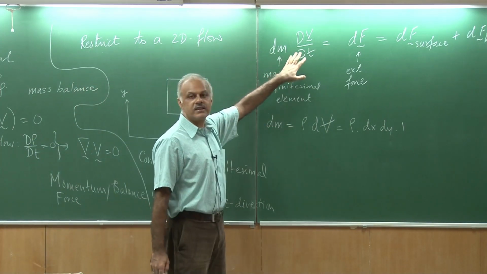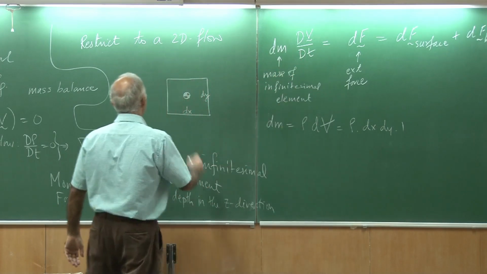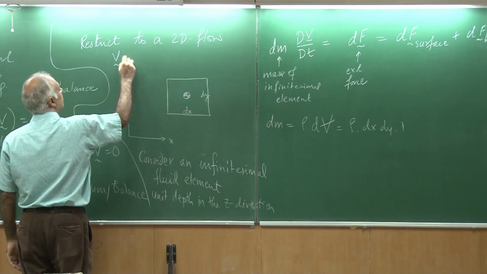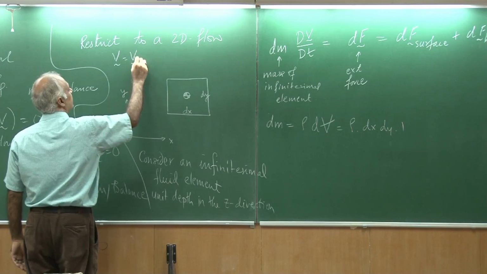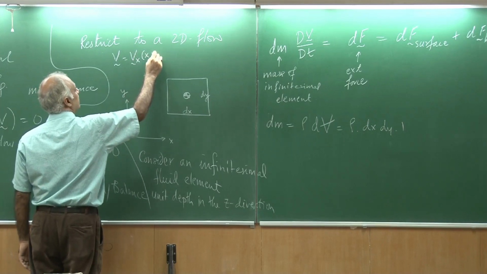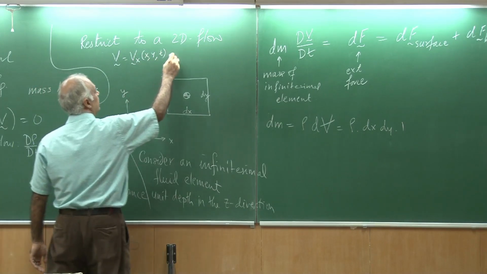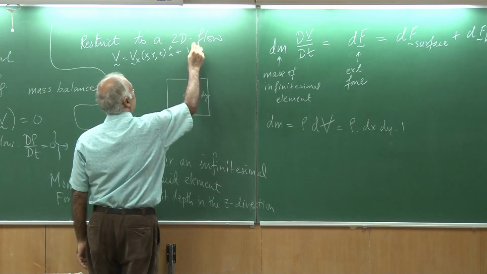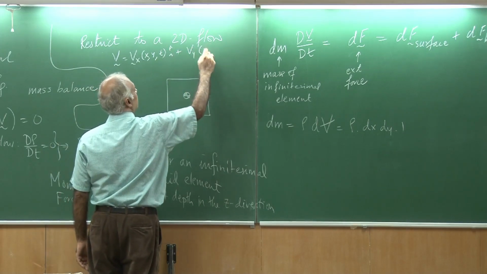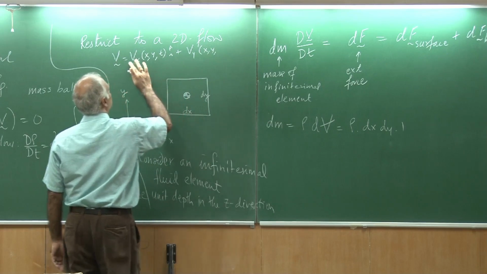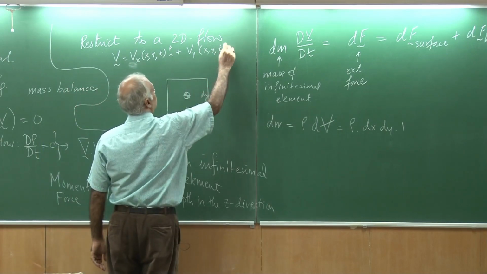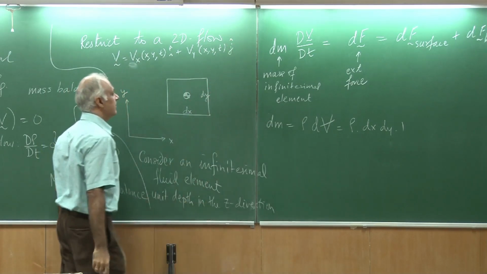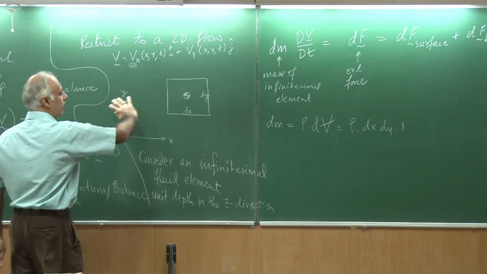I already know what dv dt is, because I already know the velocity field here. So, v is given as vx, a function of x, y and t, i plus vy, a function of x, y and t, j. So, all along the flow is varying.